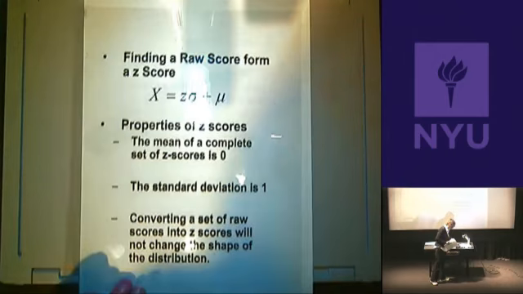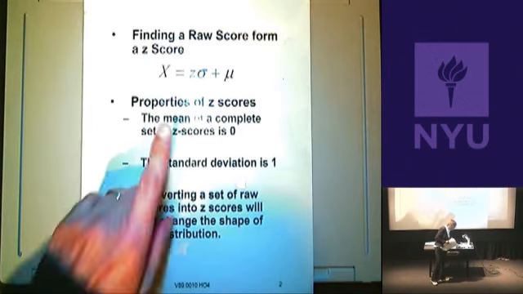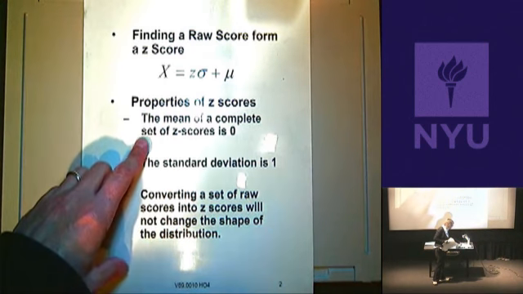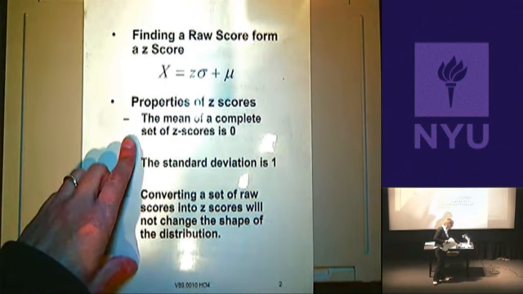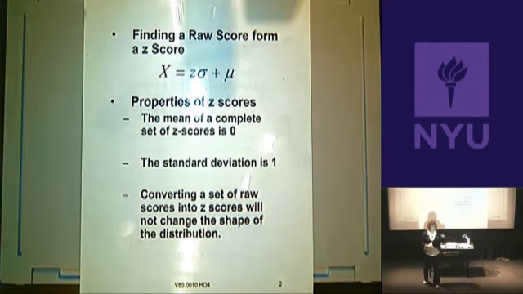Okay. Now, actually, I want to go back to that in a minute. I want to finish this because I started talking about it. The mean of a complete set of z-scores is 0. The standard deviation is 1. This one I want to talk to because while we're here and I'm talking about the location of the score in a distribution. If you change all of your raw scores into z-scores, you do not change the shape of your distribution.